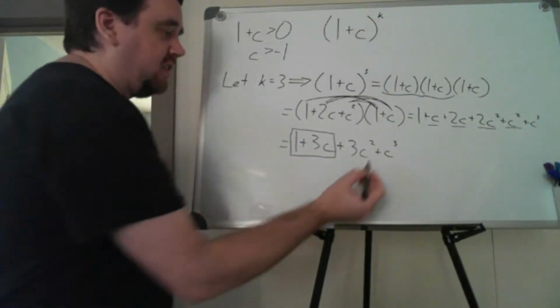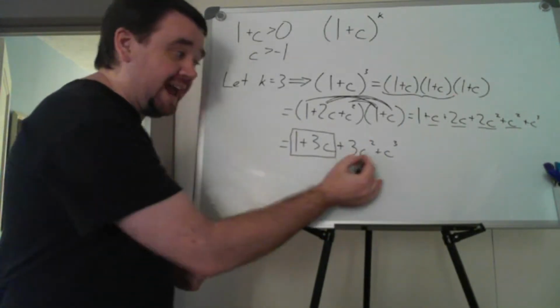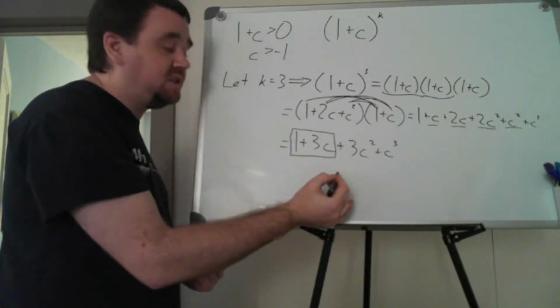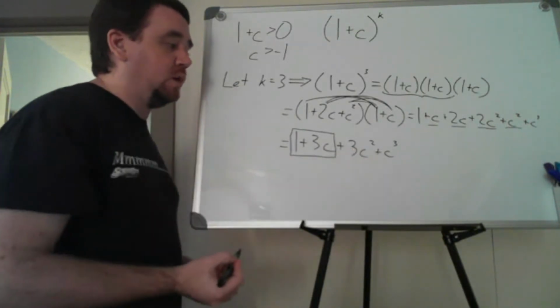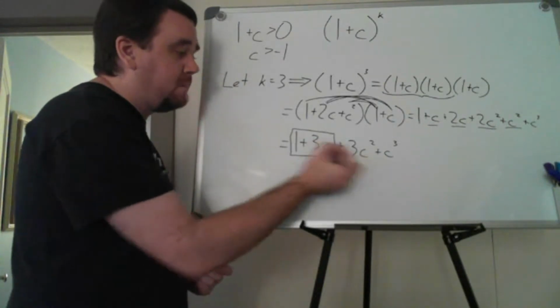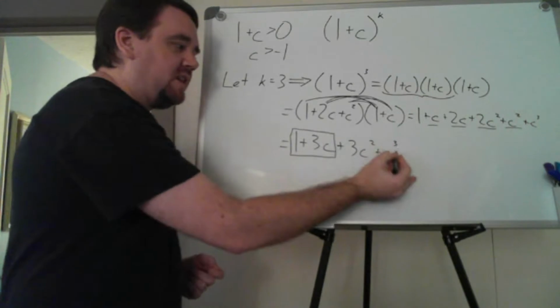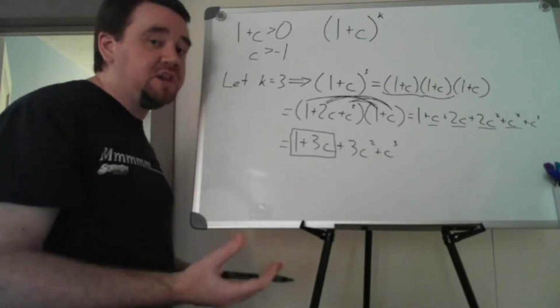Well, just like last time, taking a look at this first term here, I have a c squared, which means that has to be positive no matter the value of c, times a positive 3. So again, I'm staying positive, which means this term must be increasing 1 plus 3c. But now I've got something a little more difficult. I've got plus c cubed.